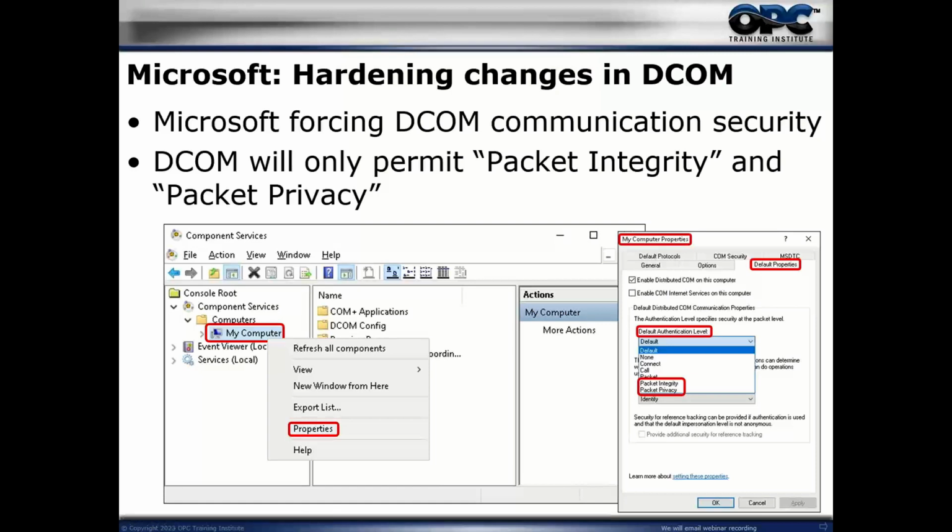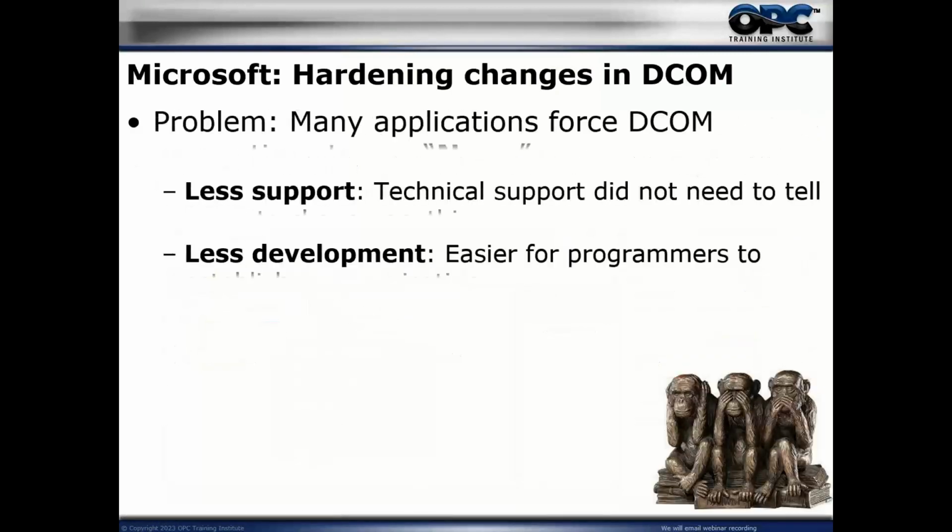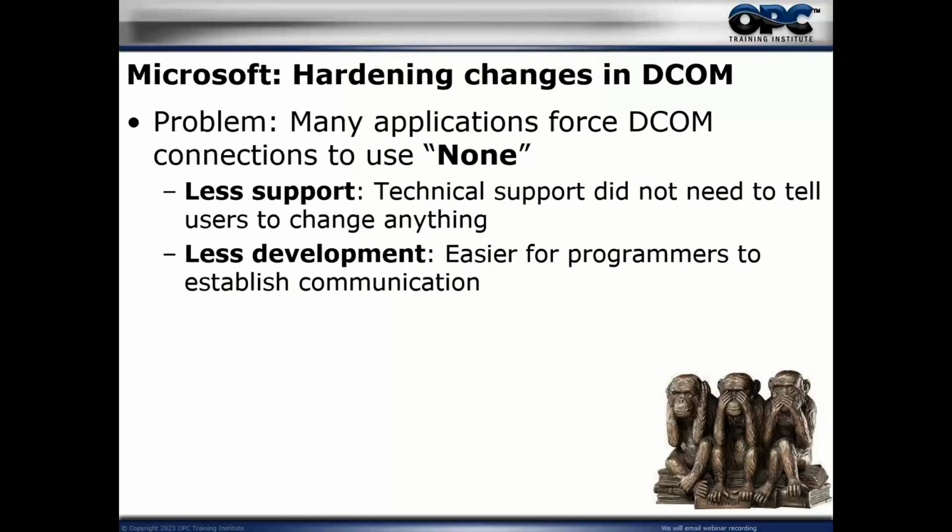That means that the programmer themselves actually puts in none during their connection request in a call called CoCreateInstanceEx. So they said none in there. What that means is that DCOM is told do not do any encryption at all. In essence, little to no security.